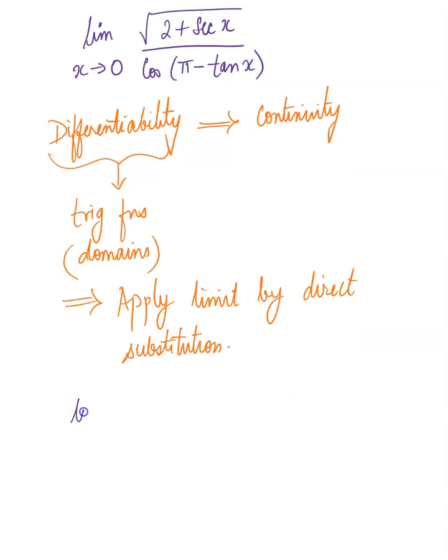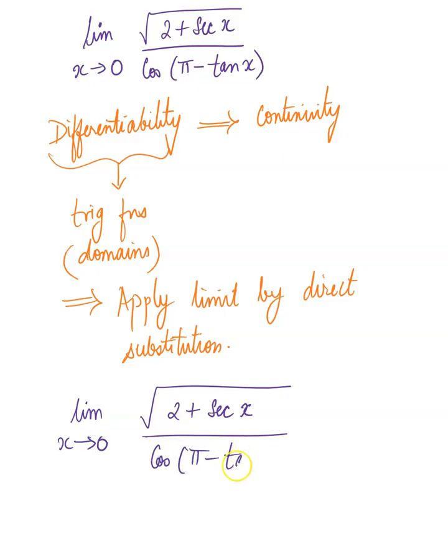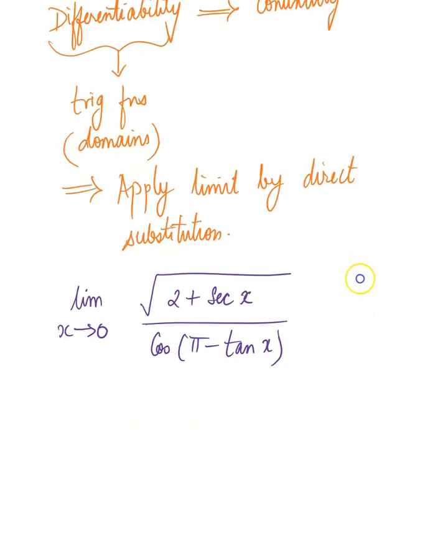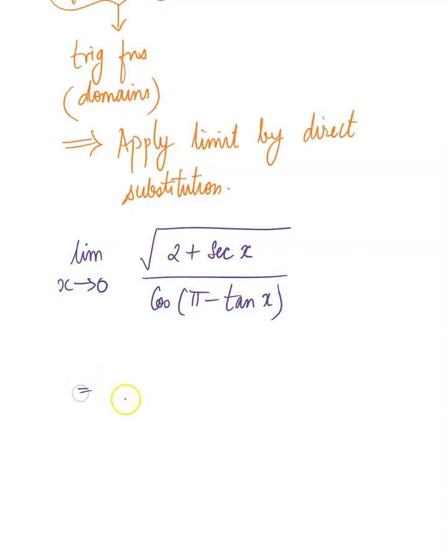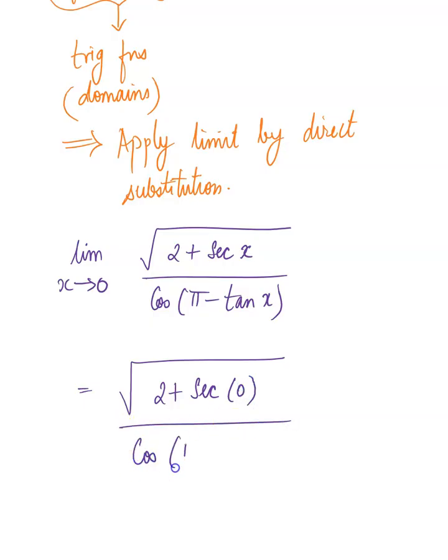All right, so then in this case, let me write this one more time. I can directly substitute for x as 0. So that will be root of 2 plus secant 0 all over cosine pi minus tan 0.